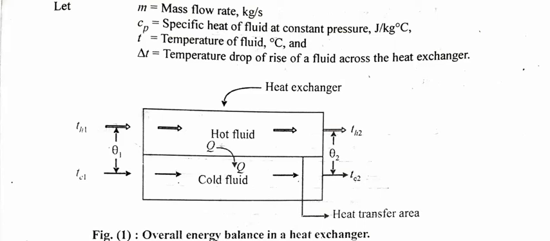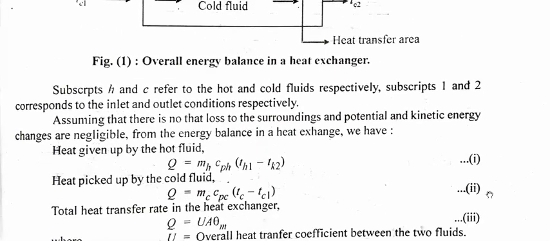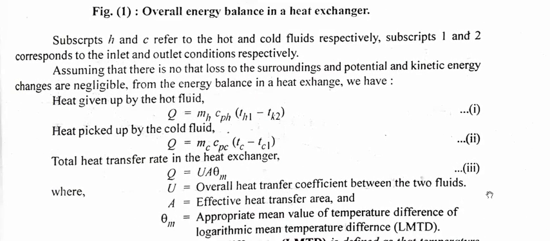Here in this module, we have taken some assumptions and abbreviations. m shows the mass flow rate, and Cp shows the specific heat of the fluid at constant pressure, and T stands for the temperature of the fluid in Celsius, and the change of temperature del T shows the temperature drop or rise of the fluid across the heat exchanger, by which we have the equation and the values.